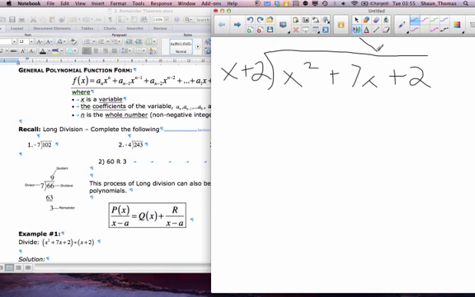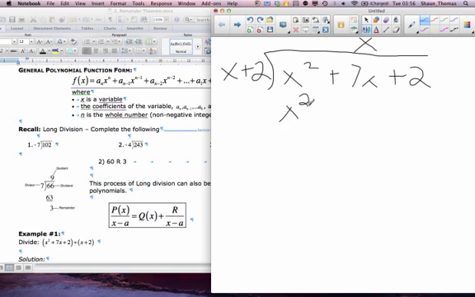I'm going to write it over top of the other x term, just so I can get everything lined up. Now, similarly to when I did long division, after I've found what I'm multiplying by, I have to take this x and multiply it by everything in the front. So this x plus 2 is going to be multiplied by my x. I take that x, multiply by x, and it gives me x squared.